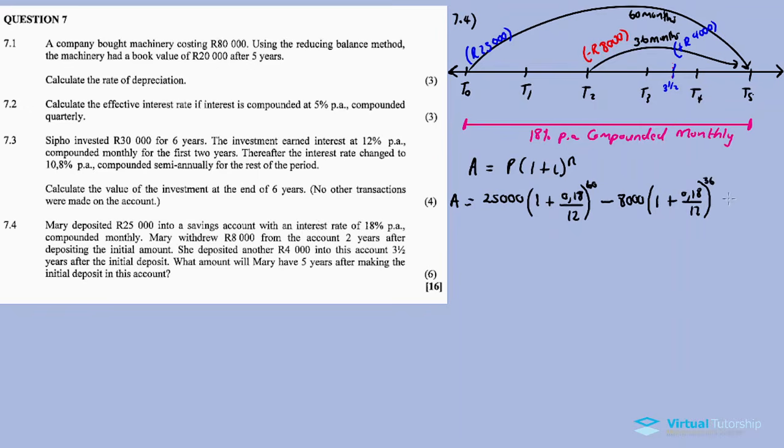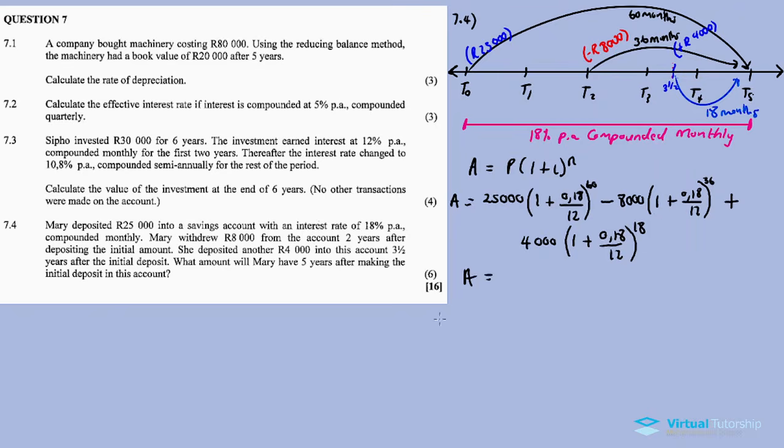Then we have another 4,000 rand, which stays for 1.5 years, that's 18 months. So it's 1 plus 0.18 divided by 12 raised to exponent 18.